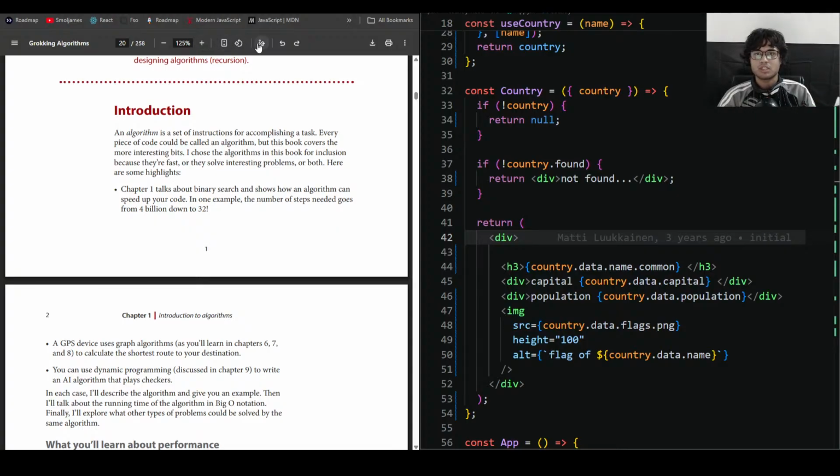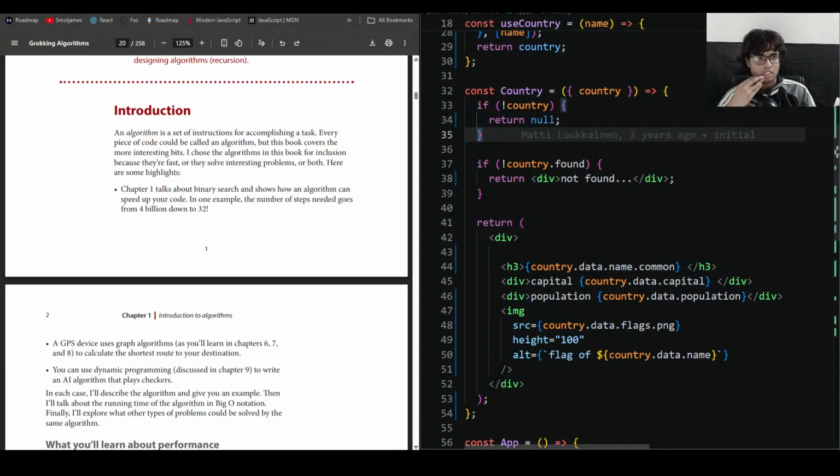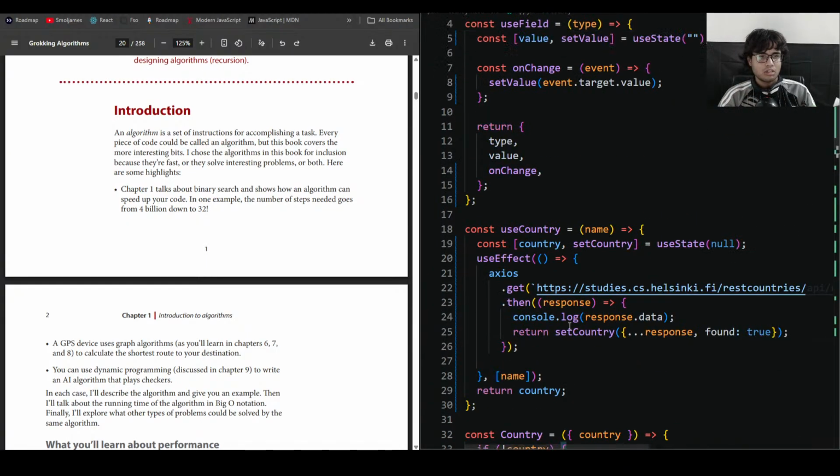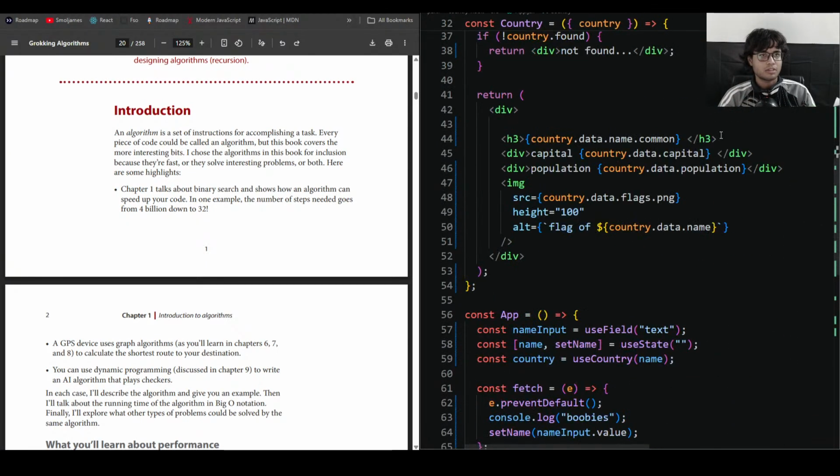Fit to page. Let's read and hope we learn something.